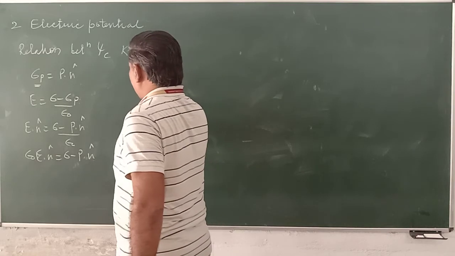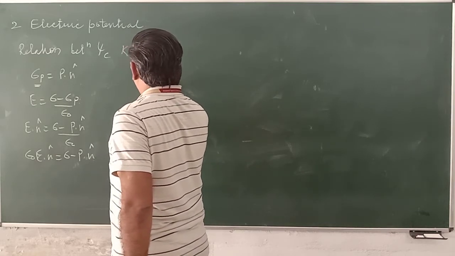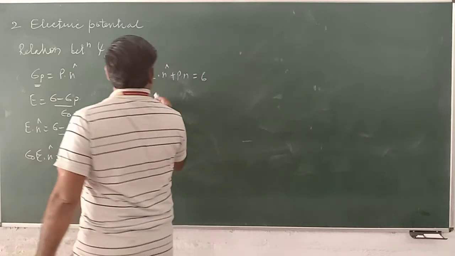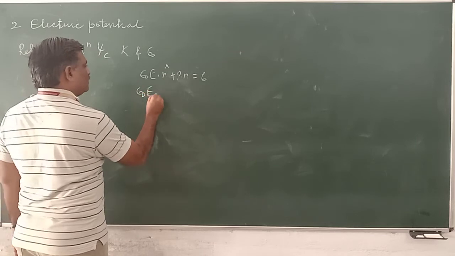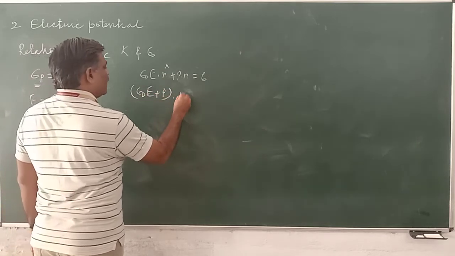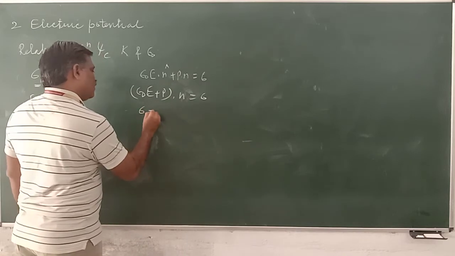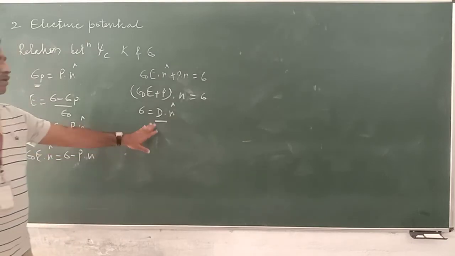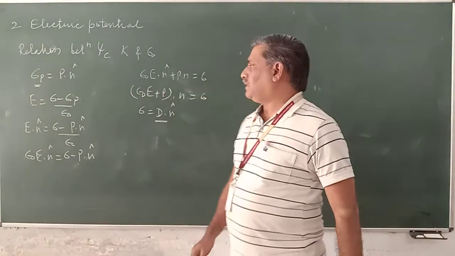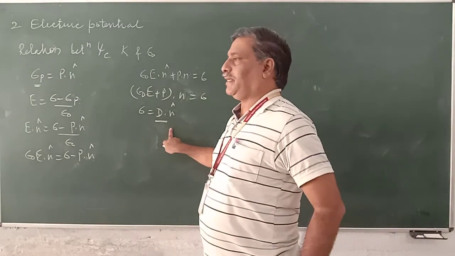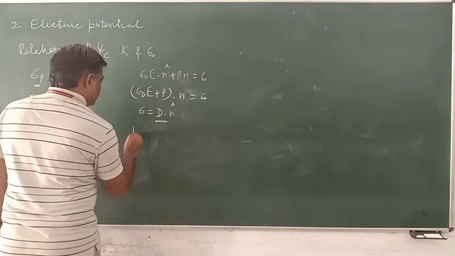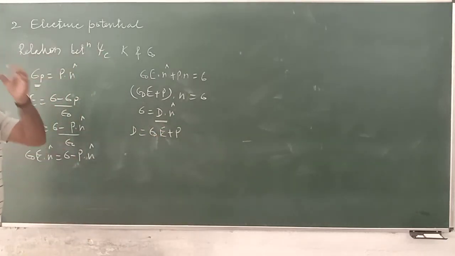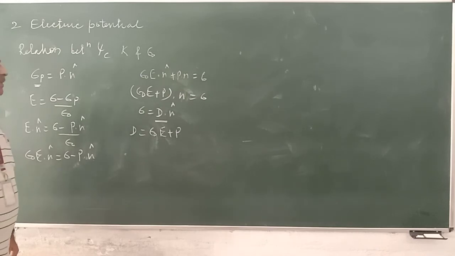Now we get epsilon 0 E dot n plus P dot n is equal to sigma, with n cap common, or sigma is equal to D dot n. This is called the displacement of the dielectric, where D is equal to epsilon 0 E plus P.